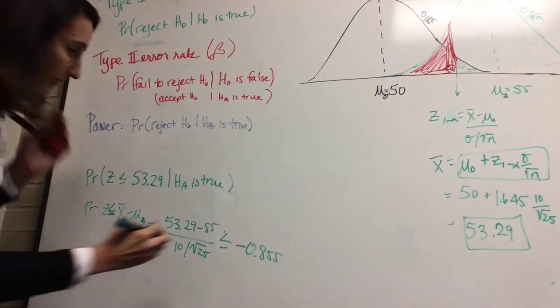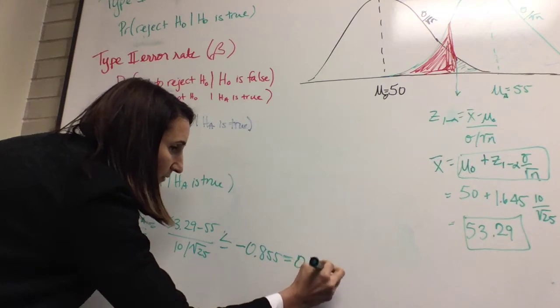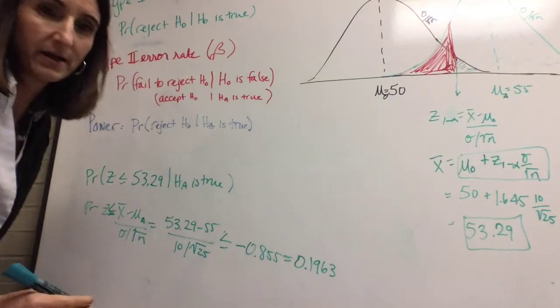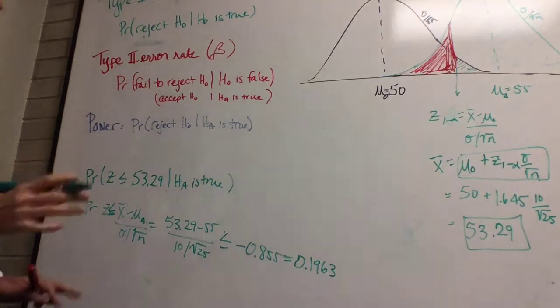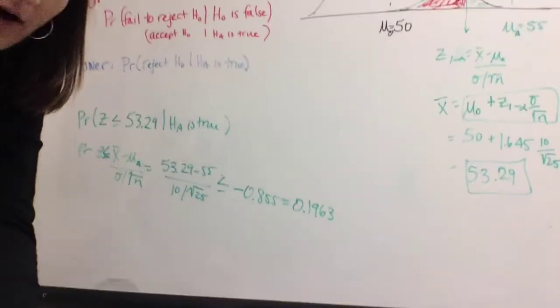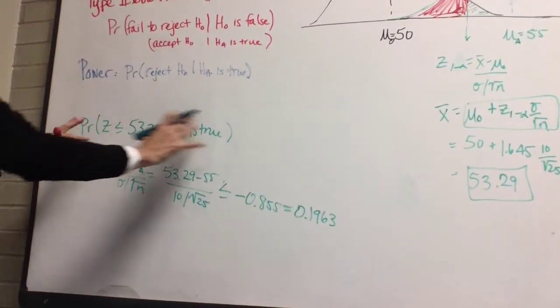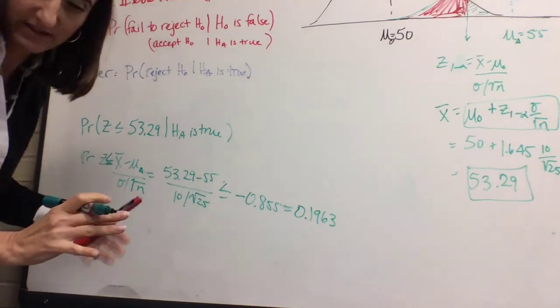Using our tables, we find that that's equal to about 20%. So about 20% of the time, we're going to make a beta error. I also want to put this in terms of general numbers rather than specific numbers, so we can apply it to any situation.